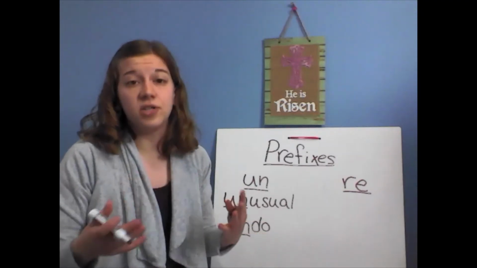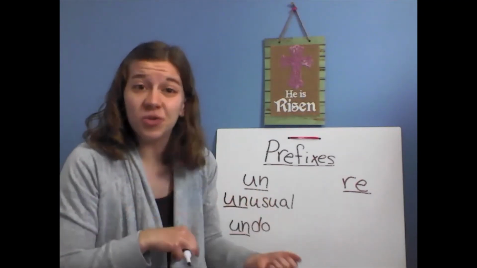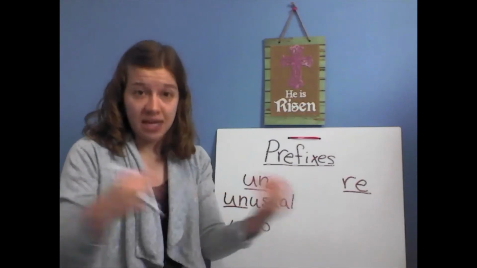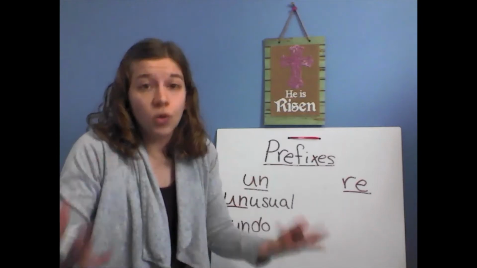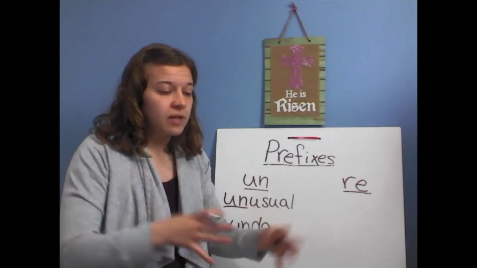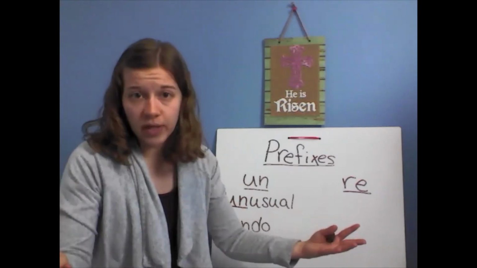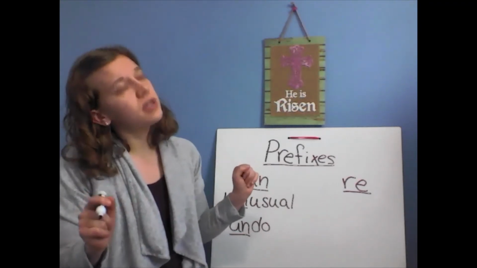If you tie your shoes, but then you have to undo the knot, that means you have to take the knot apart, right? So it's the opposite of doing. It's either taking it apart or not doing it. Okay?